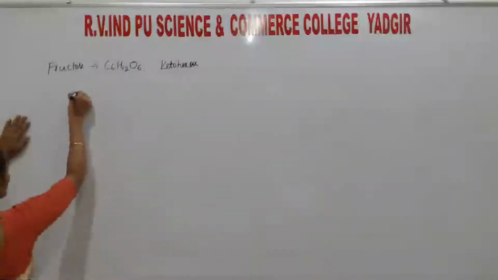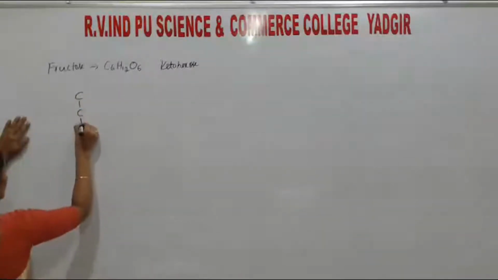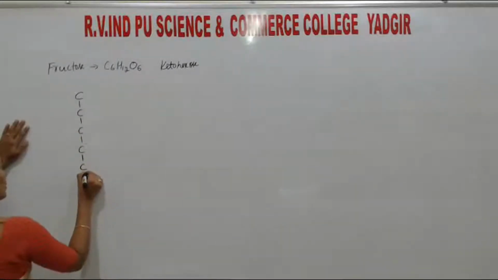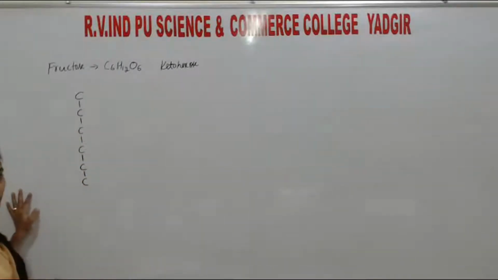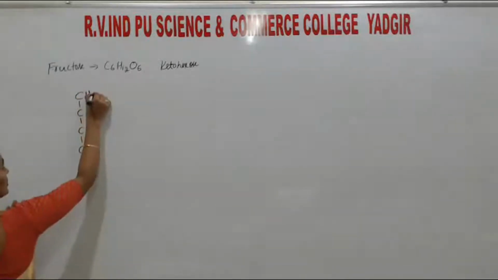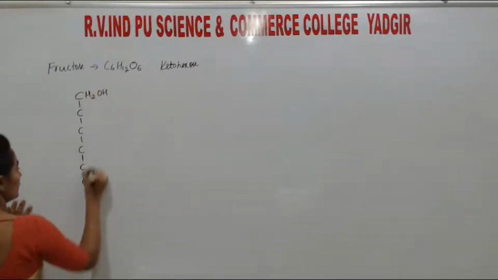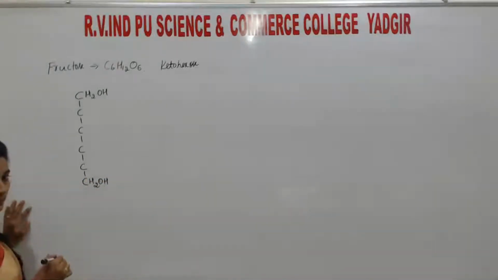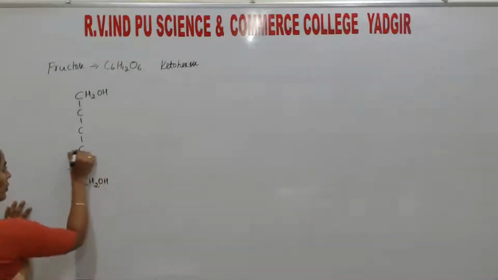The 6 carbon atoms are here: 1, 2, 3, 4, 5, 6. Here is also CH2OH, and here is also CH2OH. Okay, and all are bonded.